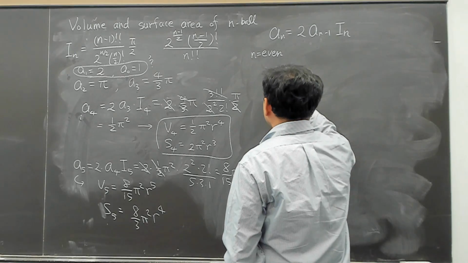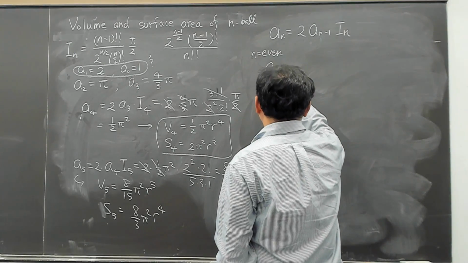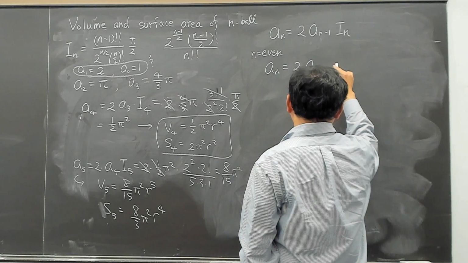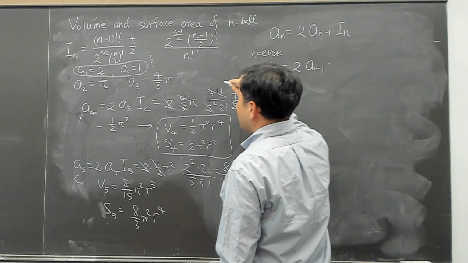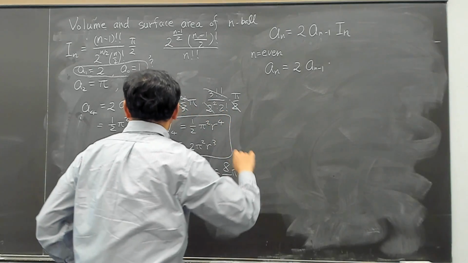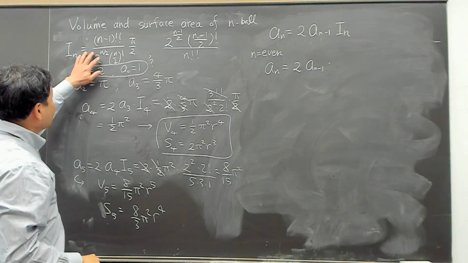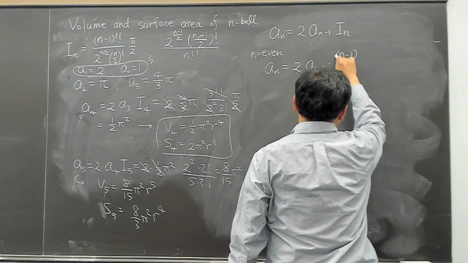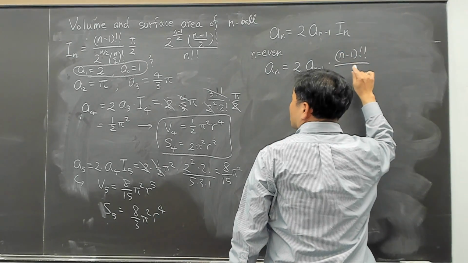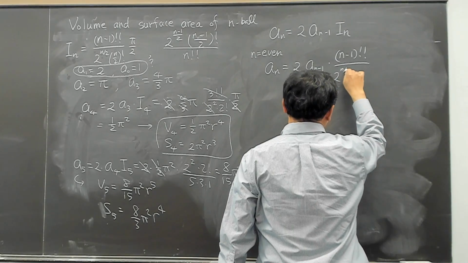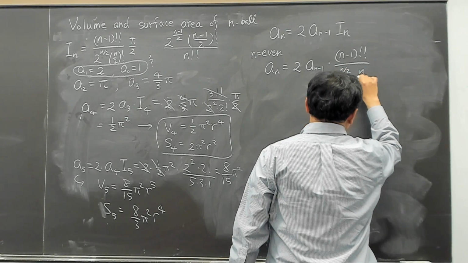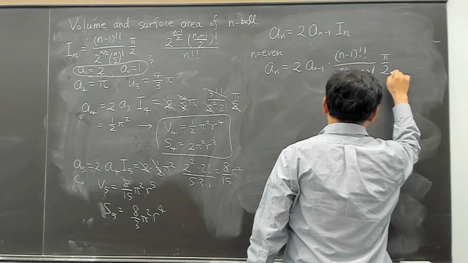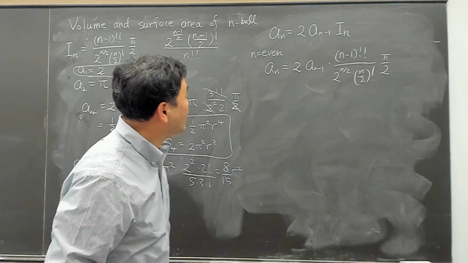If n is even, then we have A_n equals 2 times A_{n-1} times I_n, which, because it's even, we use this formula. So we have (n-1) double factorial over 2 to the n over 2, n over 2 factorial, times pi over 2.